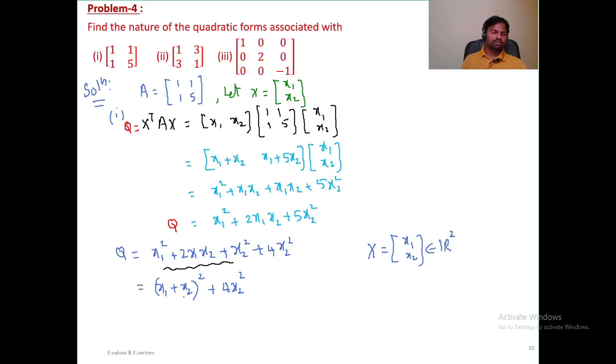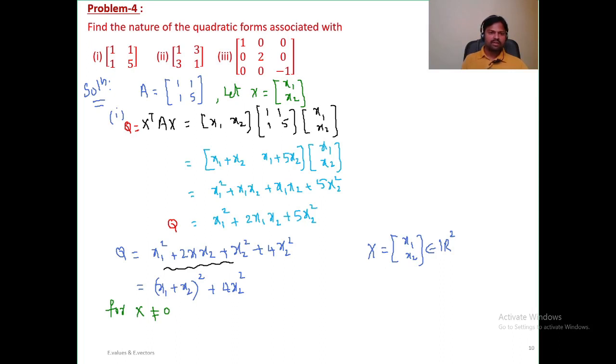Whatever x1 x2 you choose, for x not equal to 0, that means x1 is not 0 and x2 can be anything, or x2 is not 0. Overall x is not equal to 0.